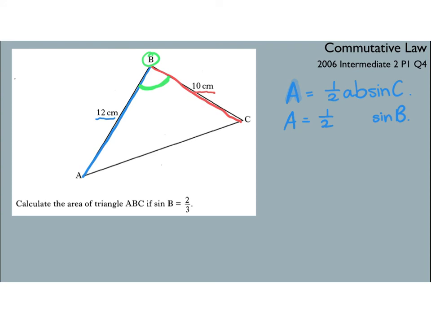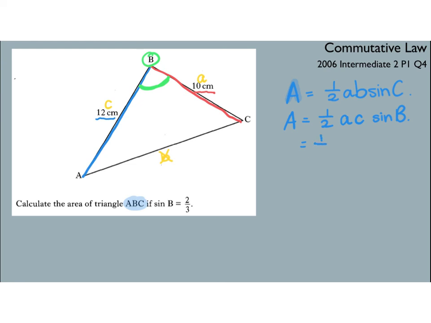Okay, which two letters have we not used yet? It's triangle ABC, and I've just used the letter B. That means that A and C are left to go in the formula. So I just have to rewrite that just a little bit. Before I can go any further, opposite angle A is little a, opposite angle C is little c, opposite angle B is little b, and of course we don't need to work that one out.